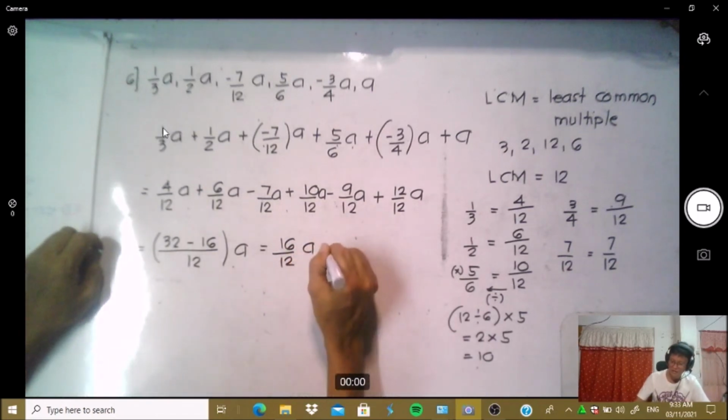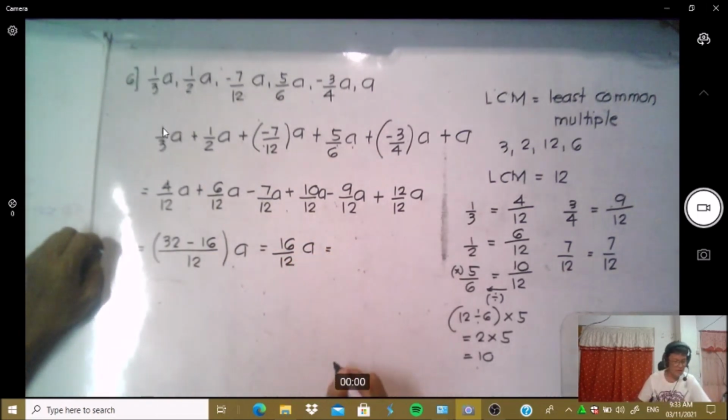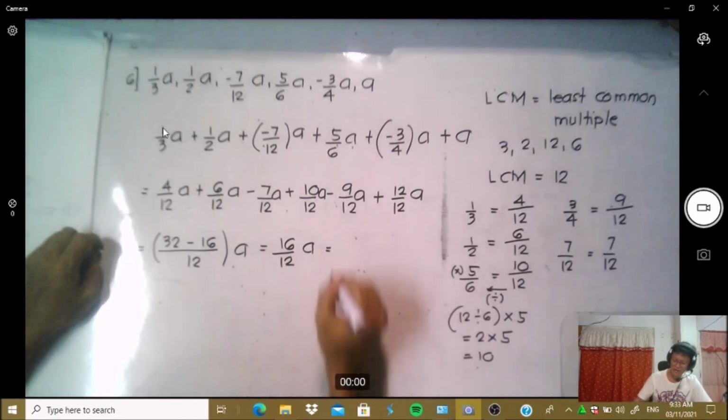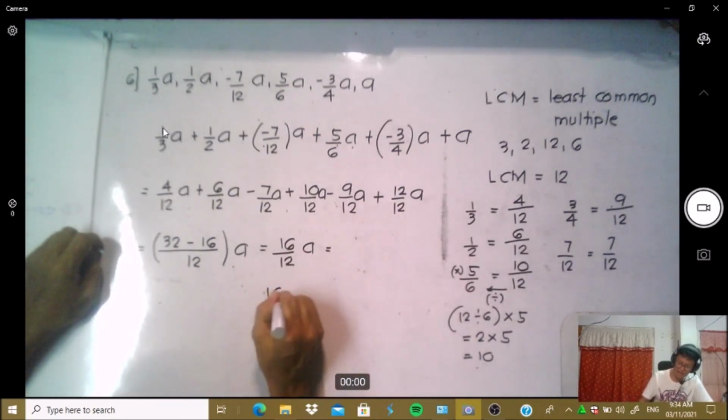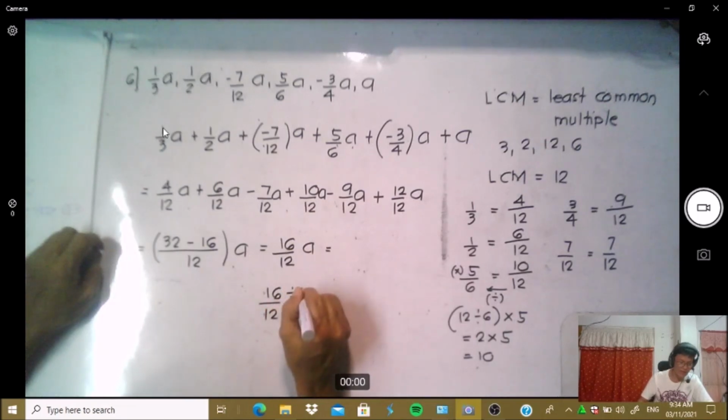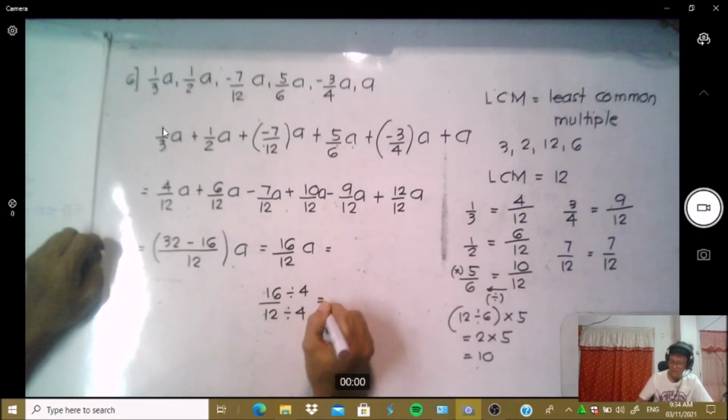However, 16 over 12 is not yet in the lowest terms. So we can divide the numerator and denominator by 4. This will give us 4 over 3.